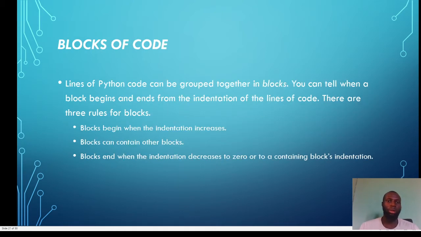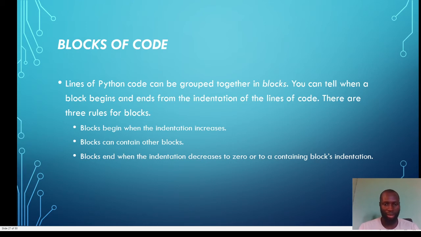So for the blocks of code, lines of Python code can be grouped together in blocks. You can tell when a block begins and ends from the indentation of the lines of code. There are 3 rules of blocks. Blocks begin when the indentation increases. Blocks can contain other blocks.